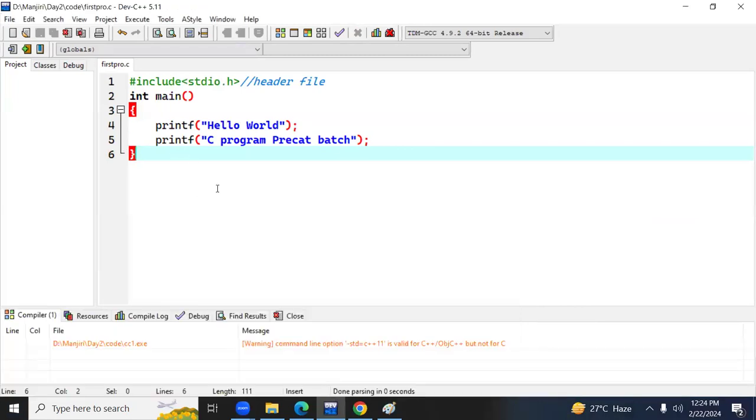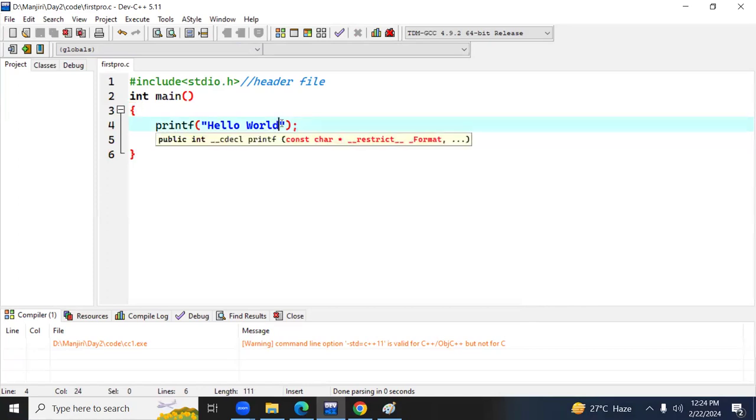It doesn't understand where spaces or the next line are coming. This is not going to be understood by the compiler. So for that reason, you have to use escape sequence characters like \n.